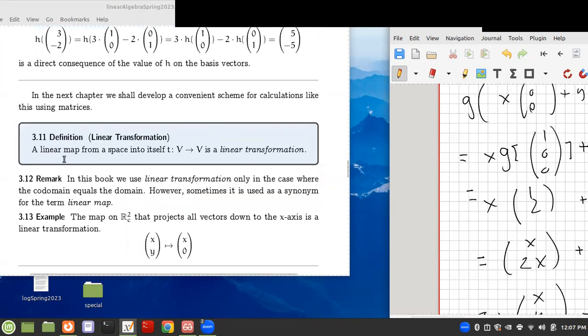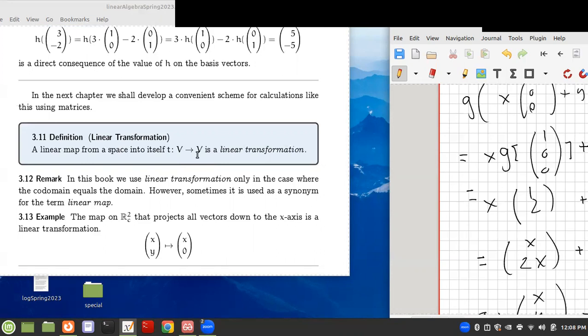Here's a terminology thing. A linear map from a vector space to itself is called a linear transformation. If you think of it as a basis action, the linear map is taking every vector in the space to another vector. One possibility would be a rotation: I take every vector and rotate it by 30 degrees.